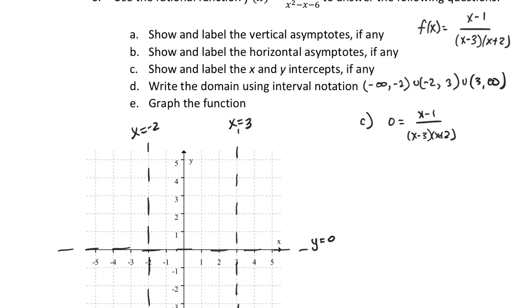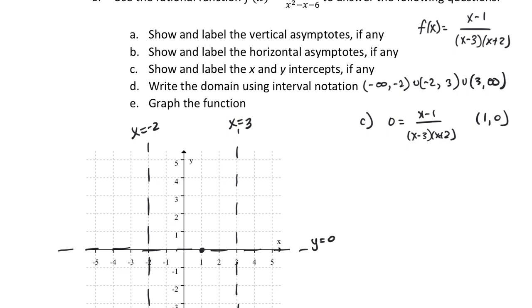So what we need to focus on is when does the numerator equal zero? And that's when x is equal to 1. So when you place a 0 in for y, we get a 1 for x. The x-intercept is the point (1, 0).